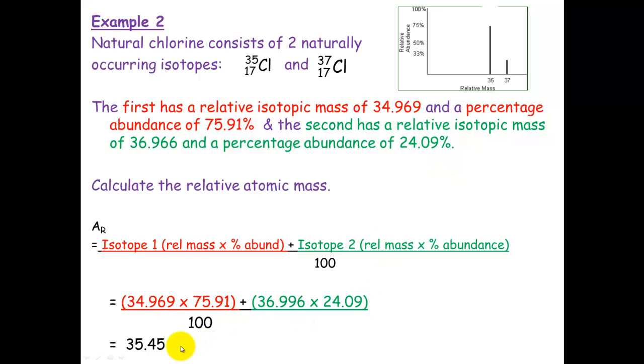Divide all of that by 100 and you get 35.45. This number here is the relative atomic mass of chlorine, and it is equal to the mass number of chlorine when we look at the periodic table. It now makes sense why this mass number is in decimal places. This is because it is an average of the percentage abundances of each of the naturally occurring isotopes.